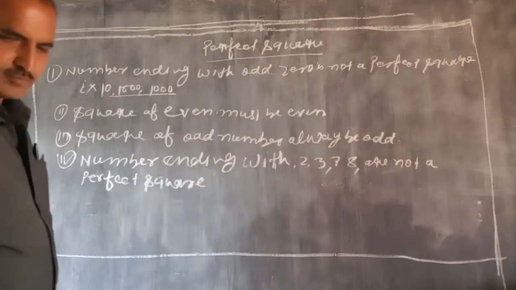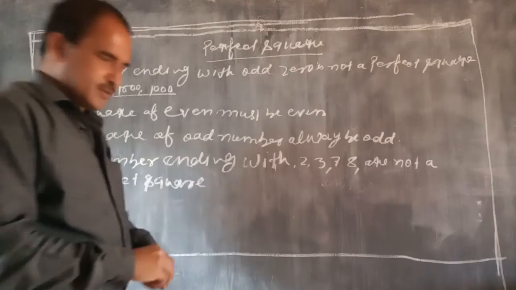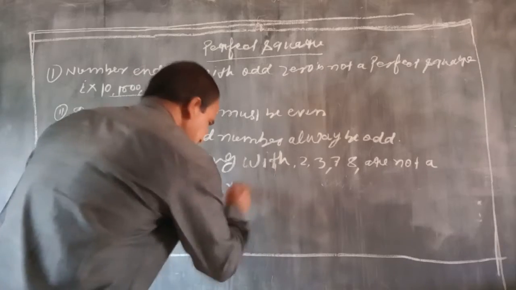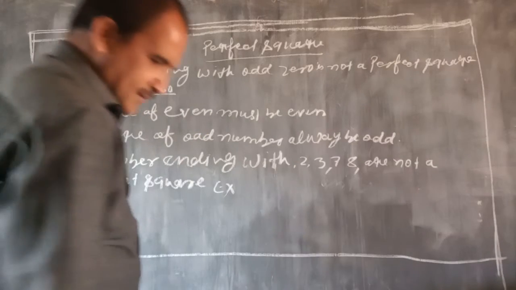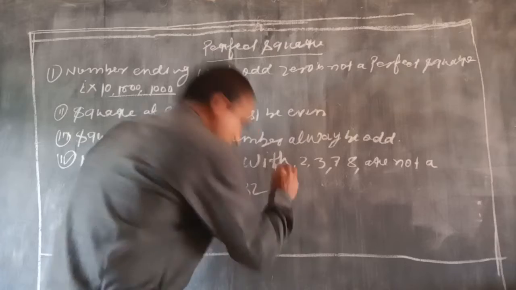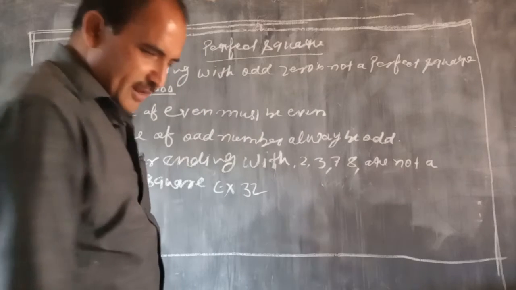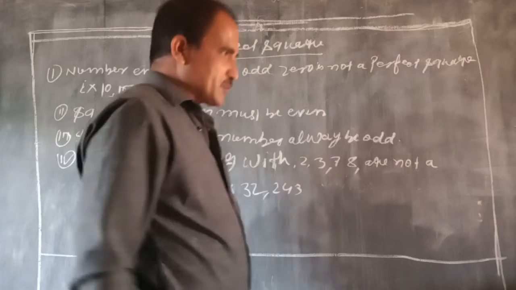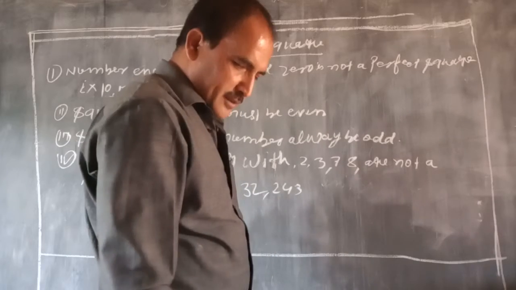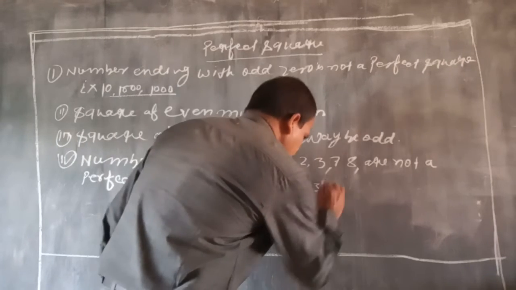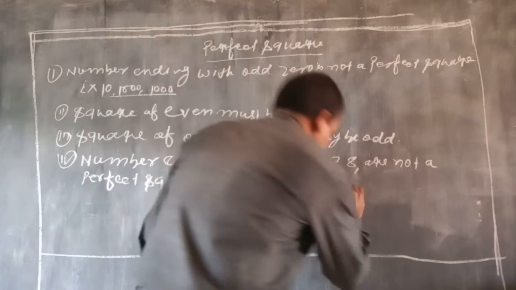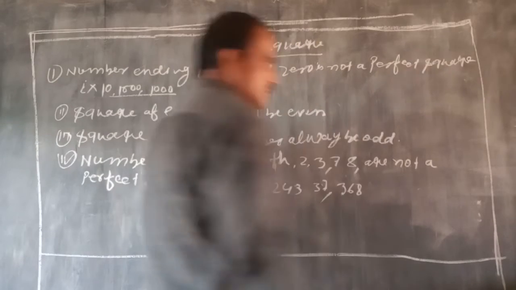For example, 32 is not a perfect square, 243 is not a perfect square, 37 is not a perfect square, and 368 is not a perfect square.